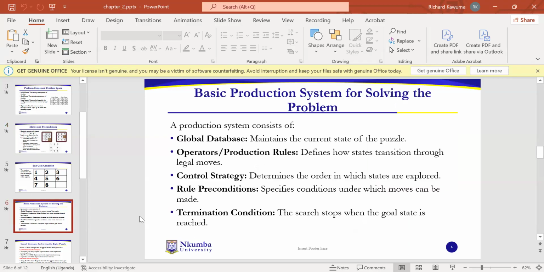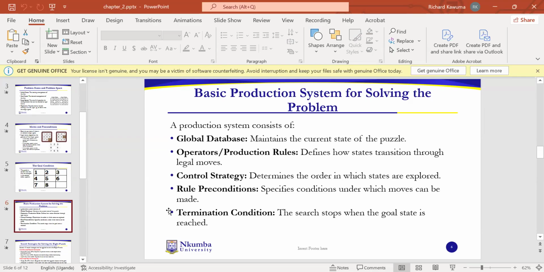And then here we have what we call termination of the condition. At the end of it all, whatever choice you have taken is going to have an end. But the search stops when the goal state is reached. So your goal state is to get a degree. You have finished senior 6.